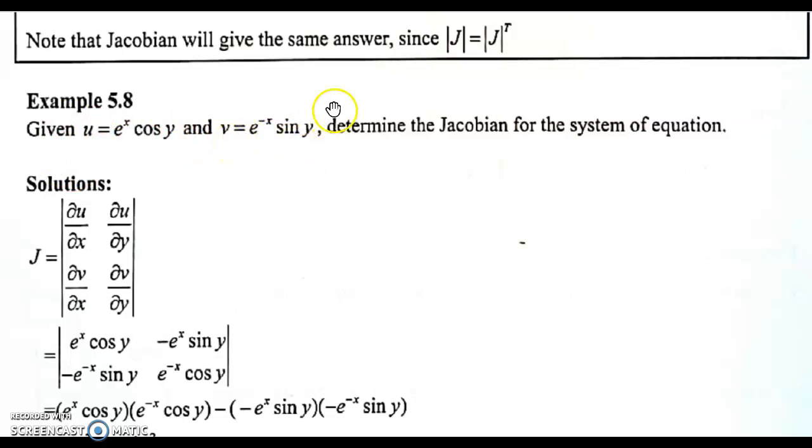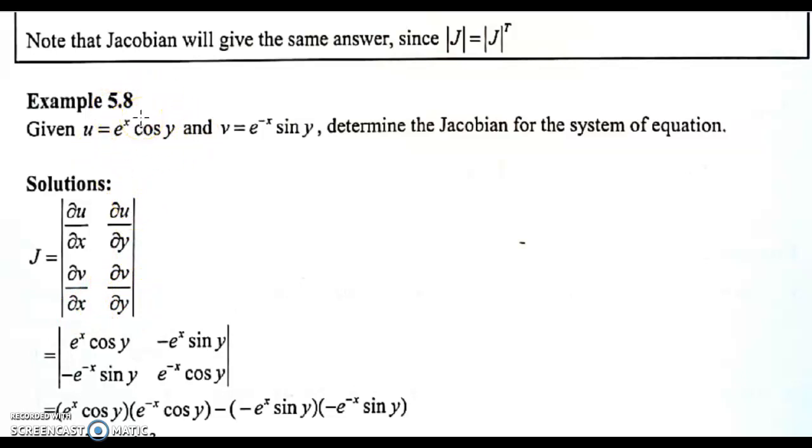So to calculate the Jacobian system of equations, we can expect a 2 by 2 matrix because of the two functions. So you have here partial u over partial x, partial u over partial y, partial v over partial x, partial v over partial y. This is because you have two variables.